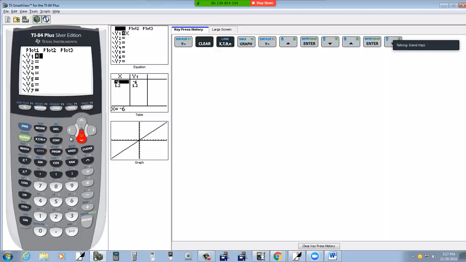Now, one of three things happen if you have those highlighted. One, it'll work just like normal. Two, it'll put extra boxes on your screen, and three, you get an invalid dim. And then the second thing is if you do zoom and choose 6, that sets back to your standard viewing window. Now those will probably fix about 97, 98% of the problems you have. If you have other ones, you just contact me.